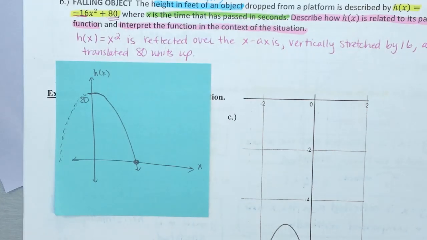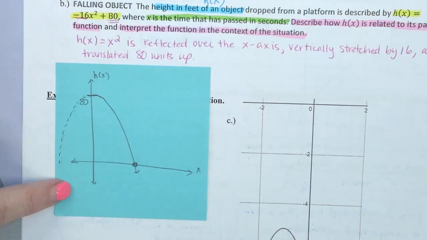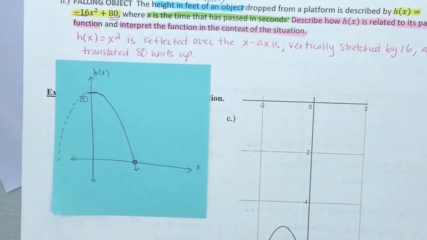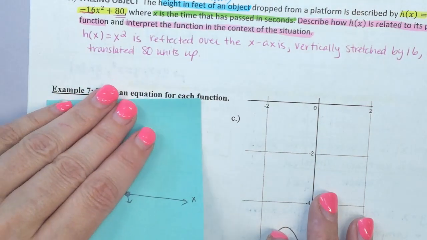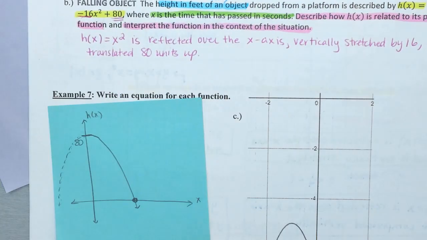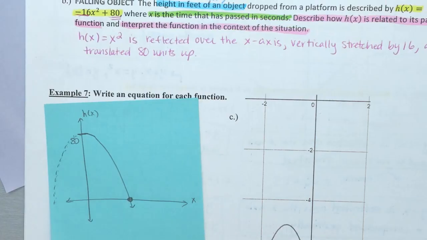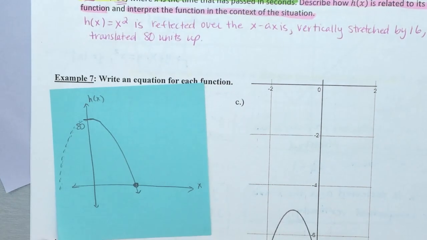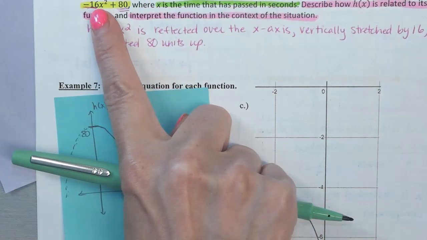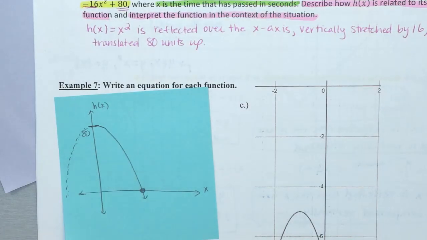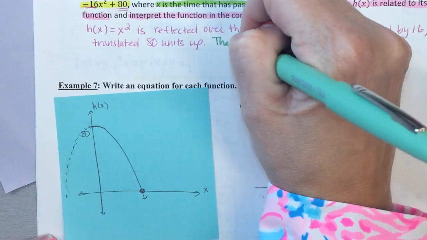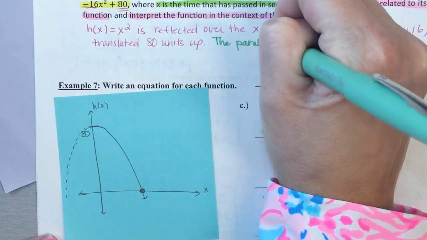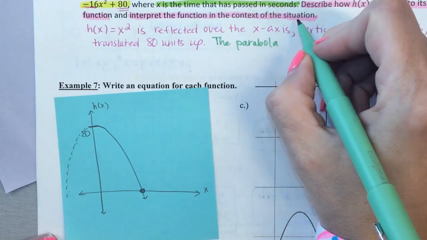So for this one, we're going to talk about what's happening with the parabola, and you can use this example to help you when you're doing the homework problems. So what they want you to mention is the way that the parabola opens, and anytime it's a negative, the parabola is going to open downward. So that's what we're going to start with. The parabola opens downward.